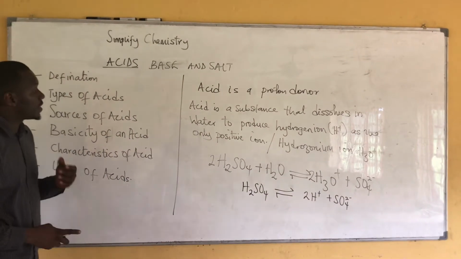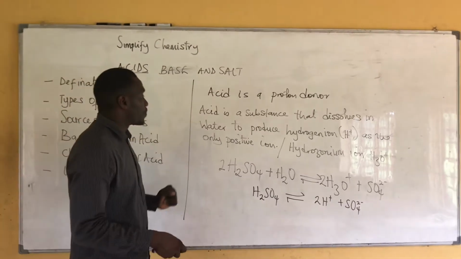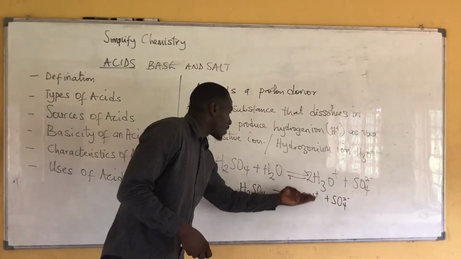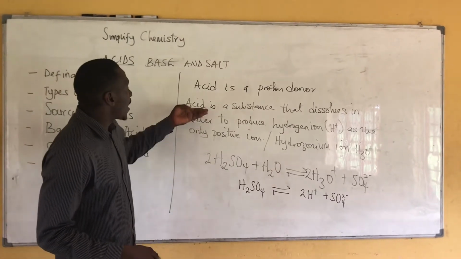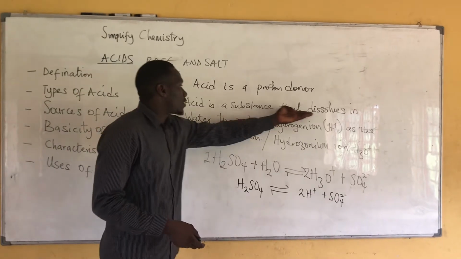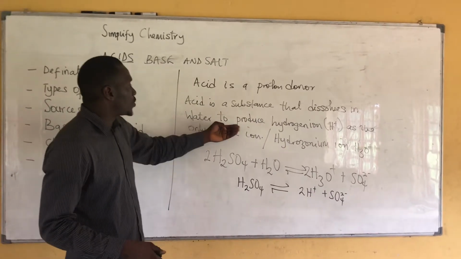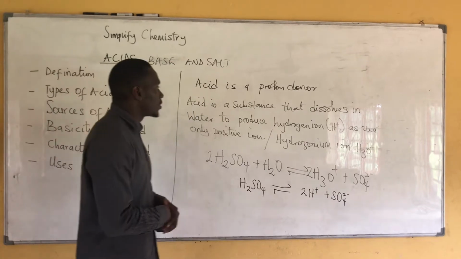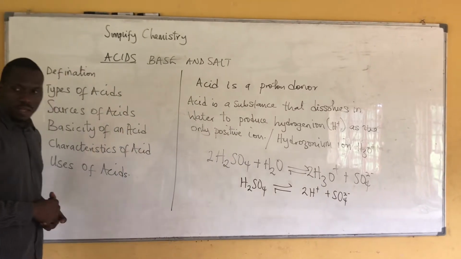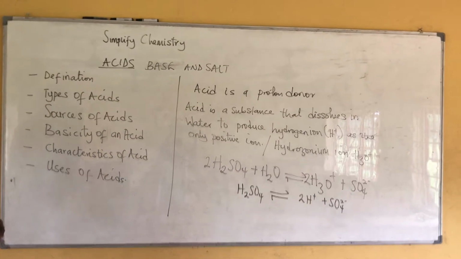So let's come back to our definition. Acid is a proton donor. This is a proton here. So acid is a substance that dissolves in water to produce hydrogen ion as the only positive ion.